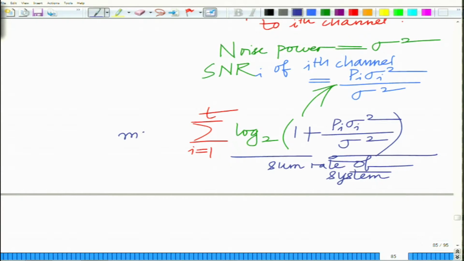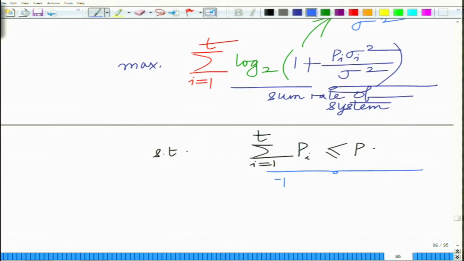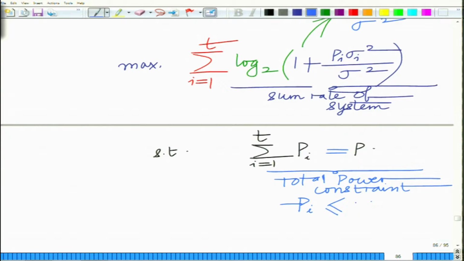The maximum sum rate will be when you maximize this, subject to the power constraint that the summation of i equal to 1 to T, Pi, is less than or equal to P. This is your total power constraint, or you can say the summation of Pi equals P. Then Pi greater than or equal to 0, or rather minus Pi less than or equal to 0, that is, the vector P bar is component-wise less than or equal to 0.